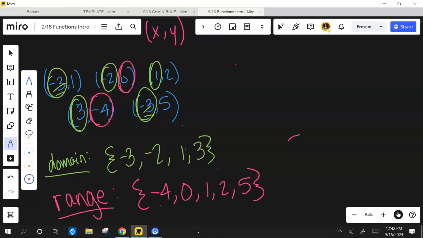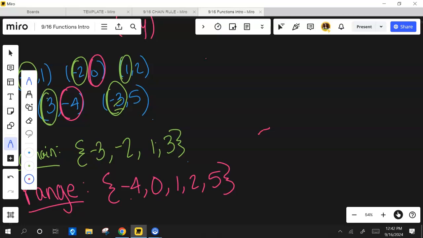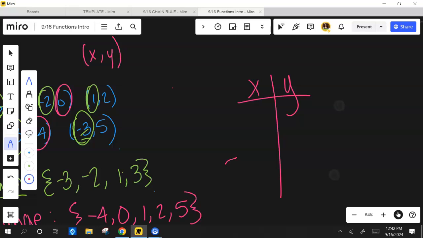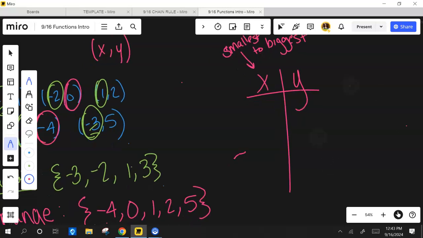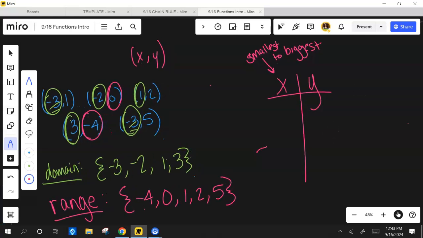If I put these numbers in a table, okay? So if I'm in a table that looks like this, and make yourself a note, because in the table, I'm going to put them in where my x is smallest to biggest. All right, look at my points. The smallest x value is what? -3.